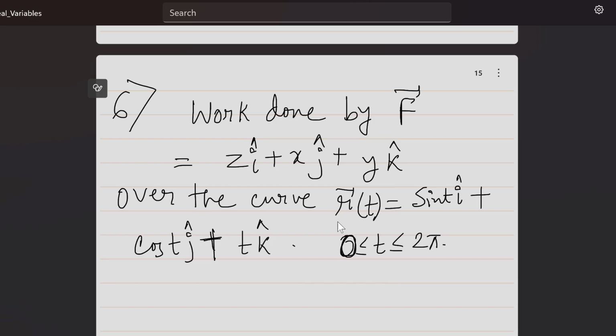Can you tell me what this curve is, by the way? x equal to sin t, y equal to cos t, and z equal to t. So that means x equals sin z and y equals cos z. So what does this curve look like in 3D?